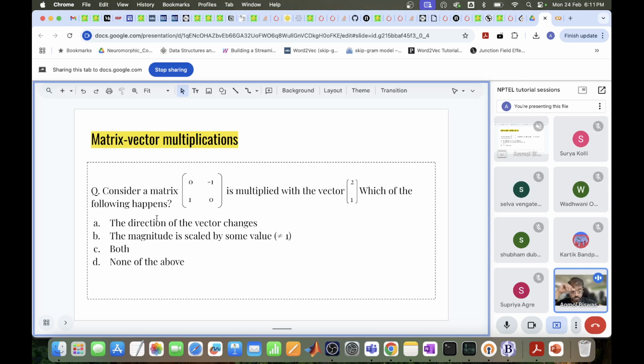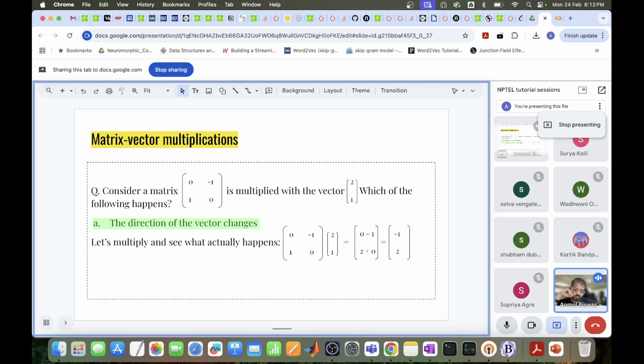So here what is actually happening is that this vector is rotating. And you can easily verify this by doing this multiplication, right? So if you multiply the matrix [0, -1; 1, 0] with this vector (2, 1), basically what you will get is (-1, 2), right?